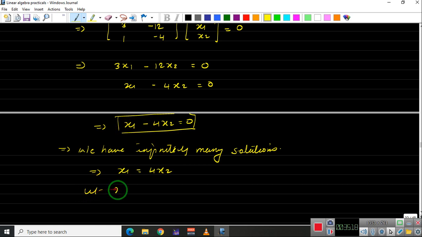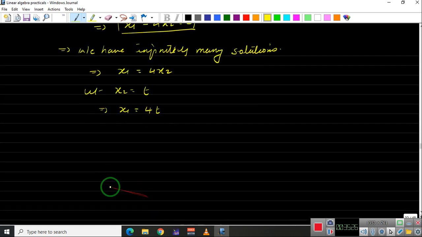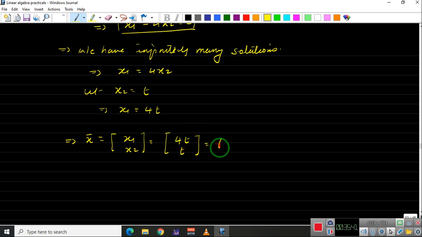So let us take x2 = t. This implies x1 becomes 4t, and therefore our x bar is nothing but x1, x2, which is 4t and t. We can take t outside, so this becomes (4, 1), and this t should be non-zero.